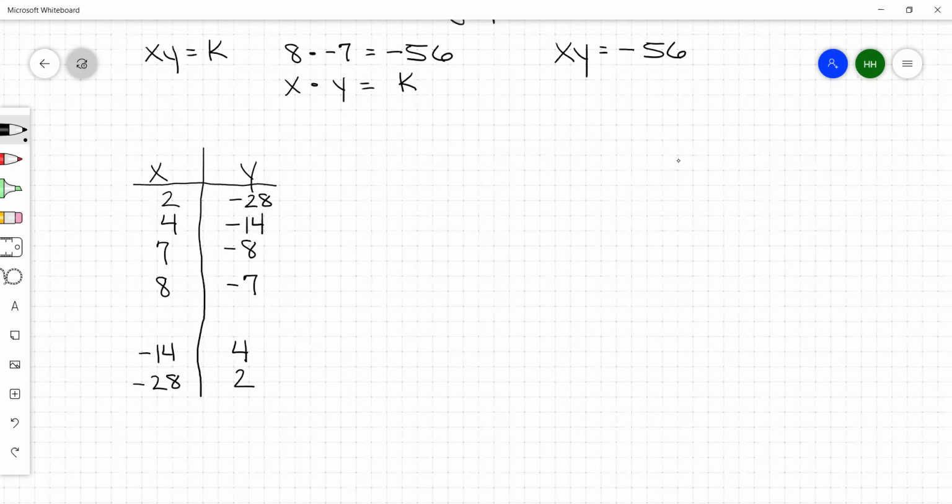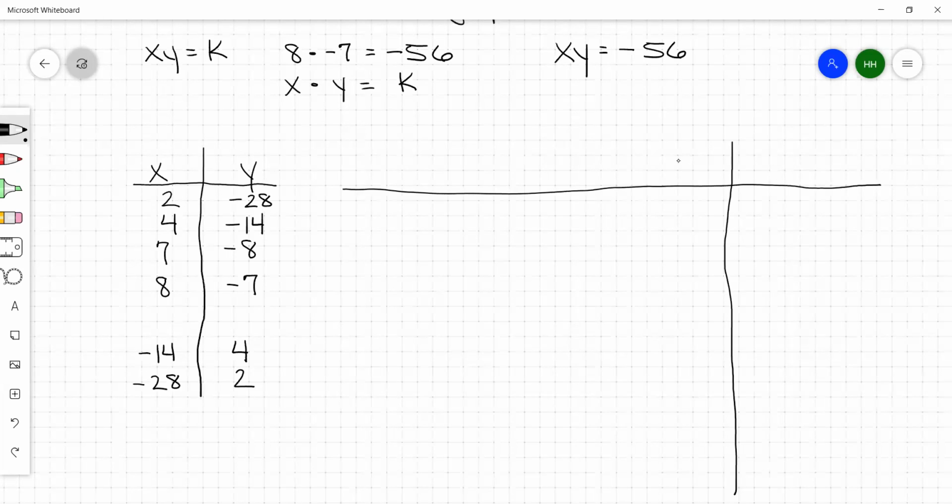So now look at our x's. Our x's got to go from +2 to -28. And our y's got to go from negative. All right, so we're going to be looking more like this now. So we got a 2, negative 28. So maybe 2 and negative 28. 4, negative 14. 7, negative 8. 8, negative 7.